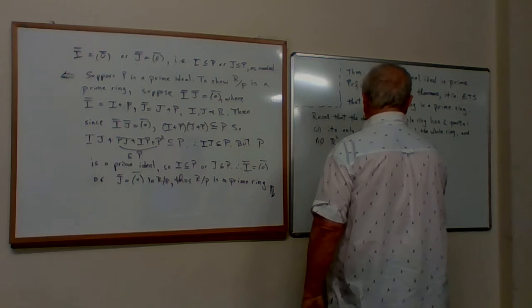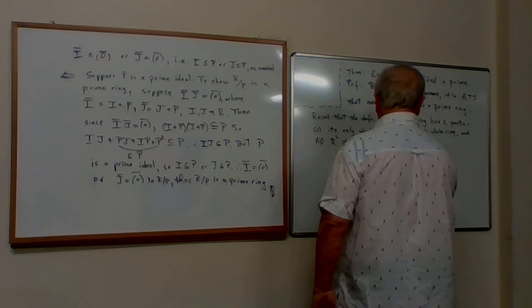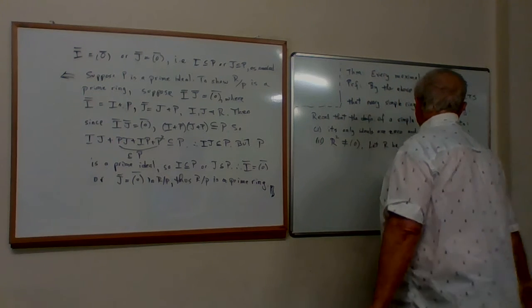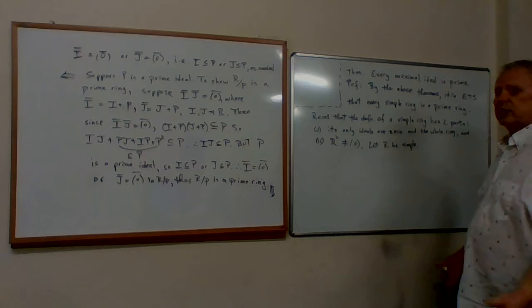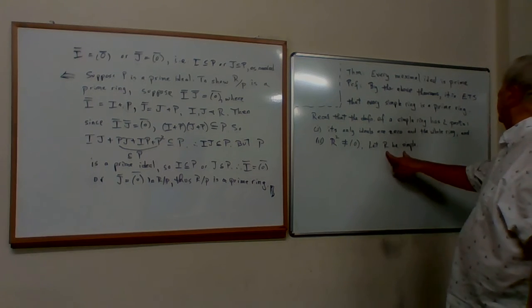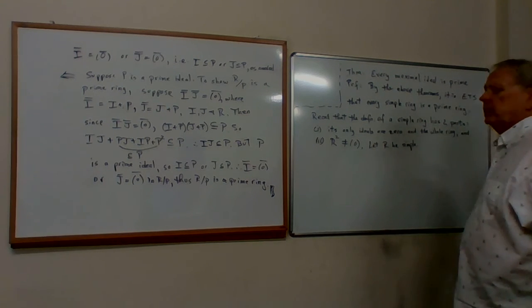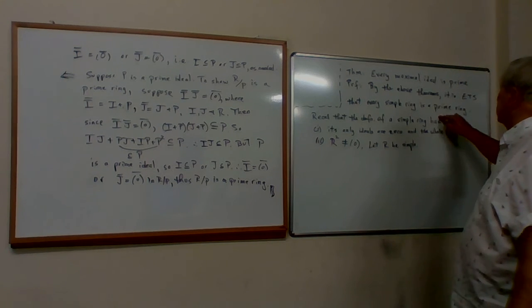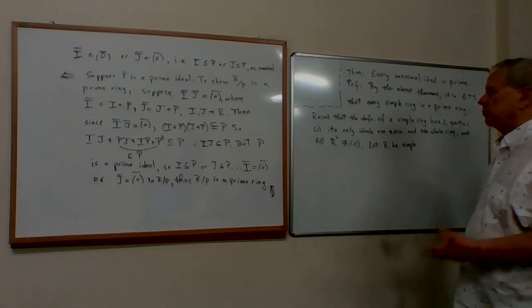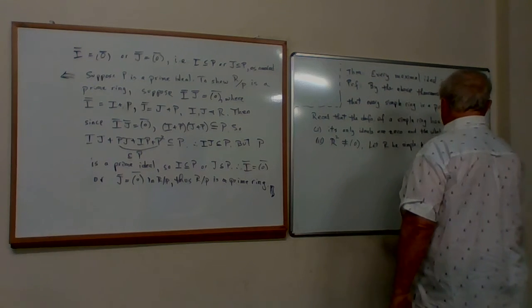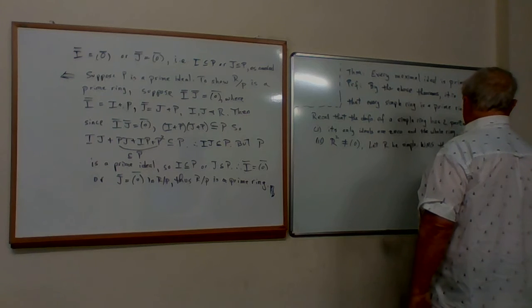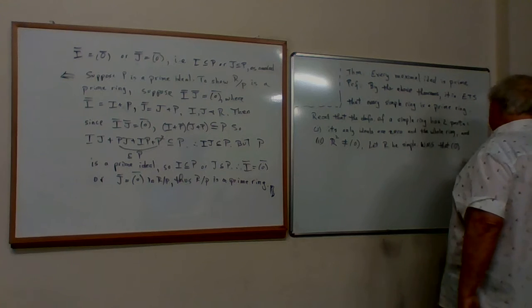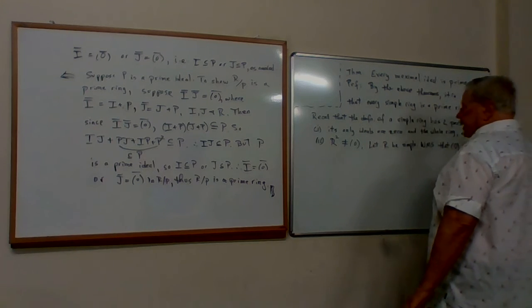So let R be simple. Now, where is this forcing me to go? I have to show that R is a prime ring. What does it mean for R to be a prime ring? It means that 0 is a prime ideal. So we must show that 0, the ideal generated by 0, which is just the one element, is a prime ideal.